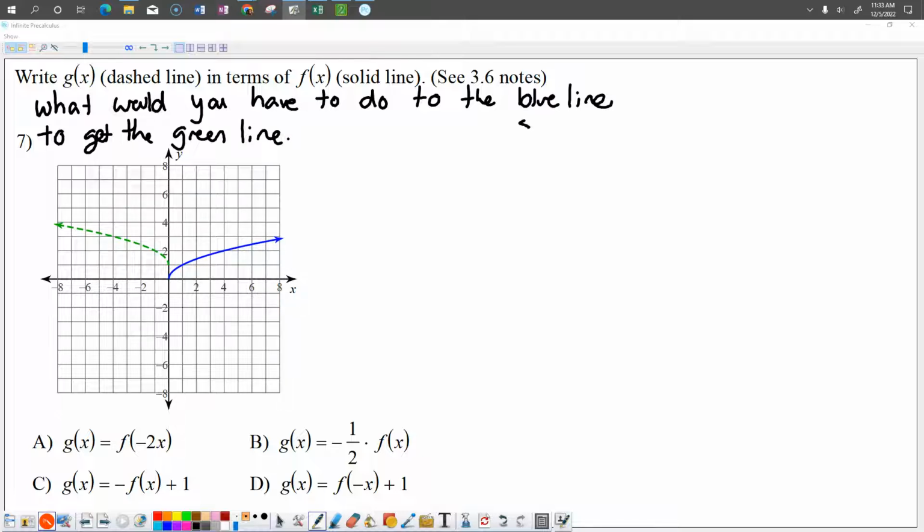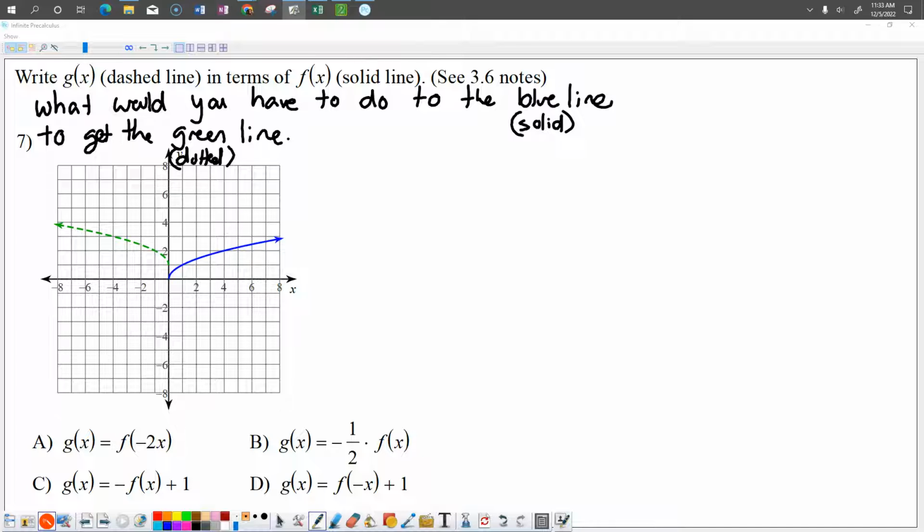Or you could say solid instead of blue. Maybe on a test paper it's going to be black and white. Green would be the dotted one. So just think of the instructions that way instead. What would we have to do to the blue line to get it to look like the green line?